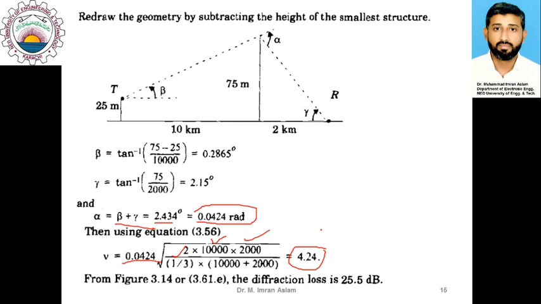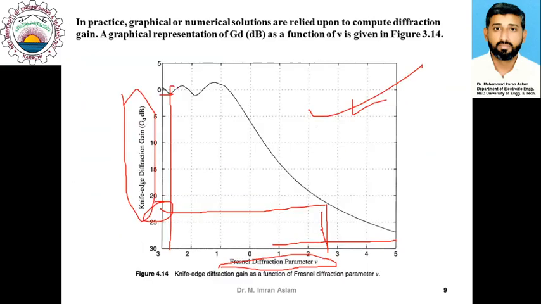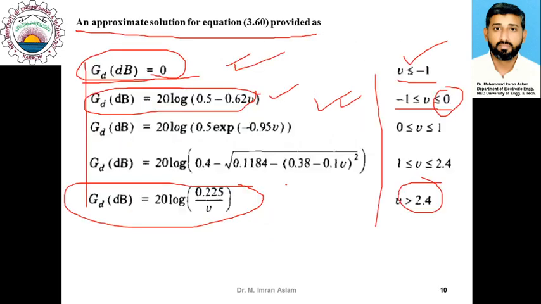We can calculate the loss from this diffraction parameter by referring to the graph which is shown previously, or we can use the approximate relationships which are illustrated here. Since our parameter is greater than 2.4, we would be focusing on this relationship which is shown here.